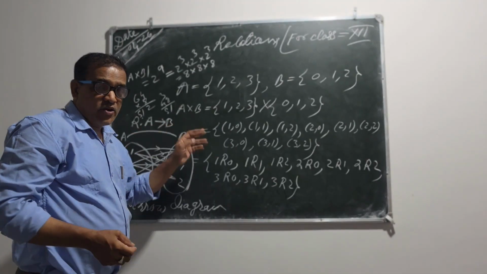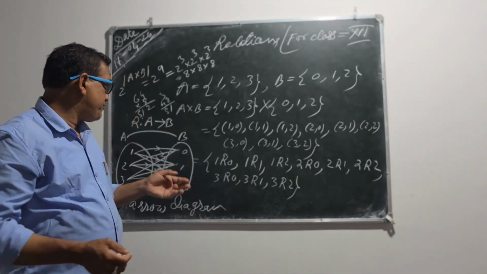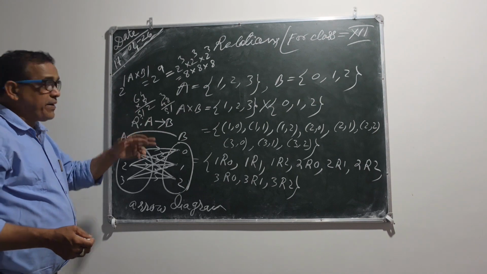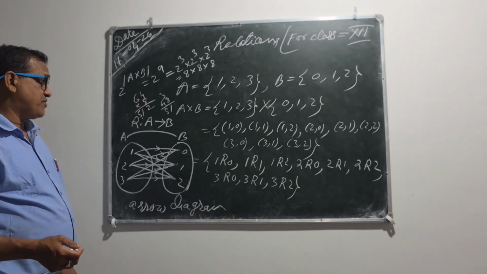So from A cross B we can establish 512 relations.